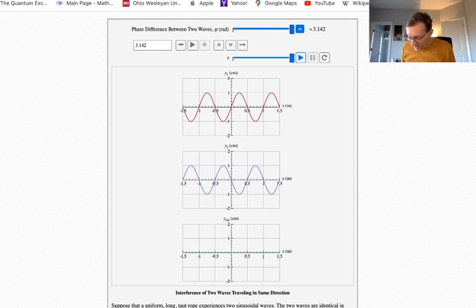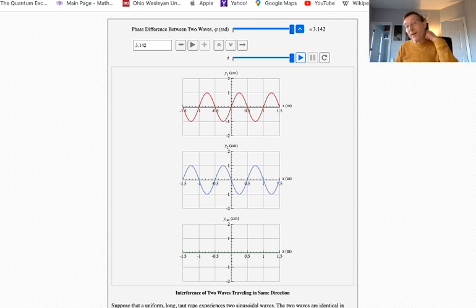So to get fully destructive, sorry, I didn't mean to do that. Phi equals plus or minus pi, plus or minus 3 pi, plus or minus 5 pi, and so forth. To get fully destructive interference, I want an odd integer times pi.